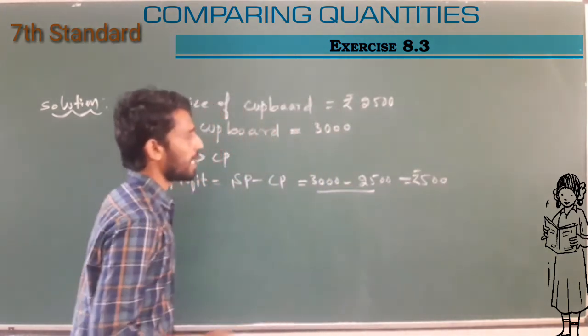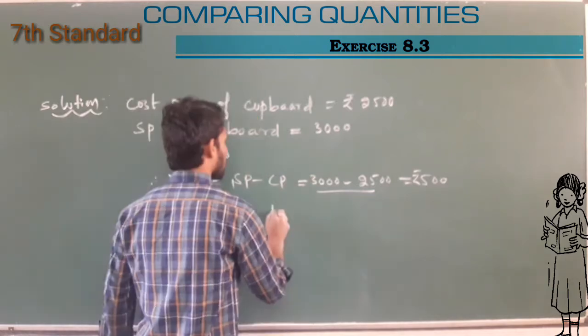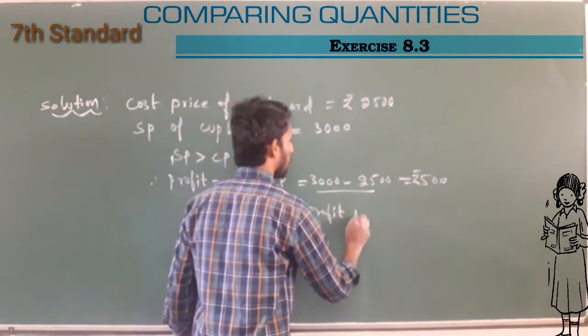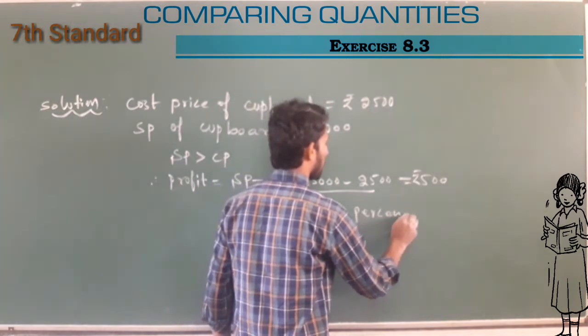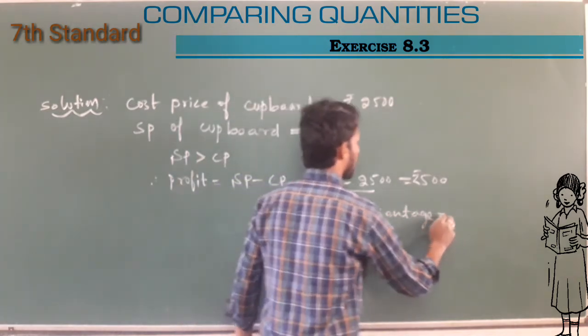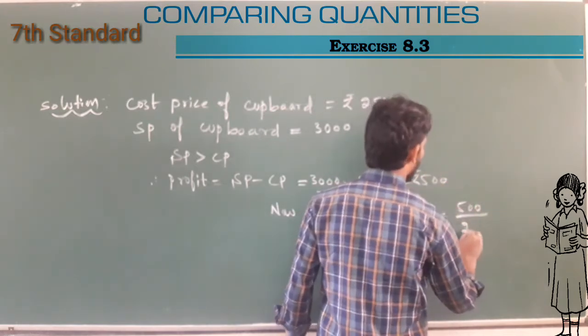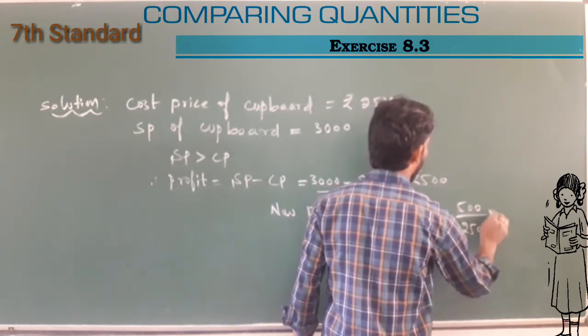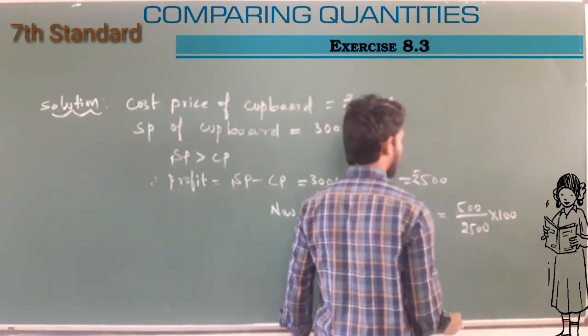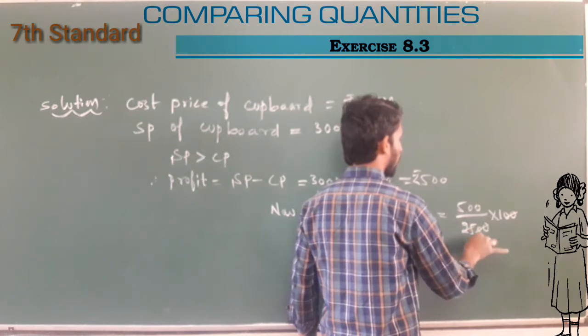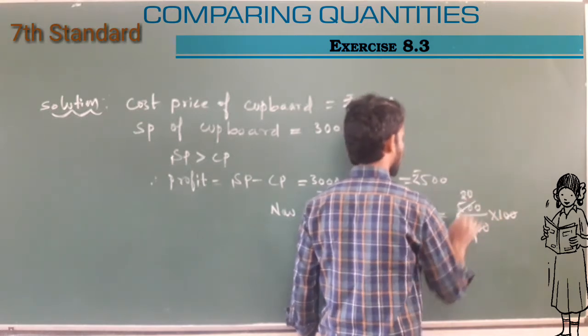Now we have to find out the profit percentage. Profit percentage is 500 by cost price 2,500 into 100. Now the zeros will cancel here. 25 ones are 25, 25 twos are 50.